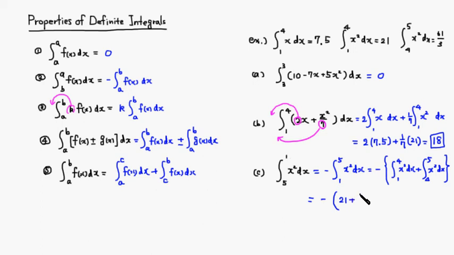So plus 61 over 3. 21 is 63 over 3, so it's going to be 124 over 3 with a negative sign. That's going to be the value of this integral. All right, that's it. I hope that this was clear.